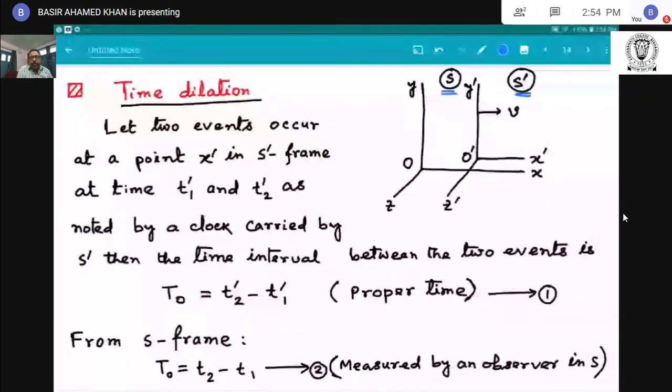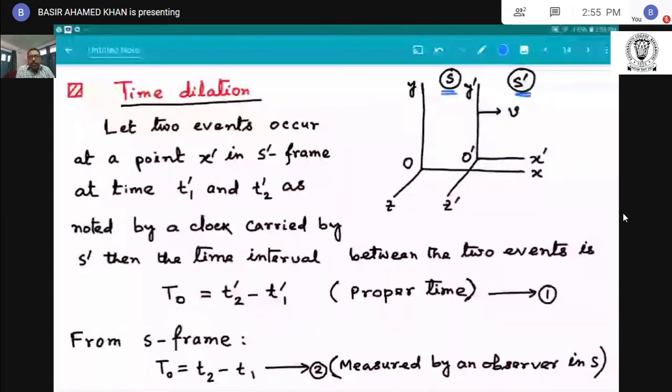At times t1 dash and t2 dash, as noted by a clock carried by S dash frame, the time interval between the two events is t0 equal to t2 prime minus t1 prime. I repeat again: S dash frame is moving with velocity v along the positive x direction with respect to S frame.